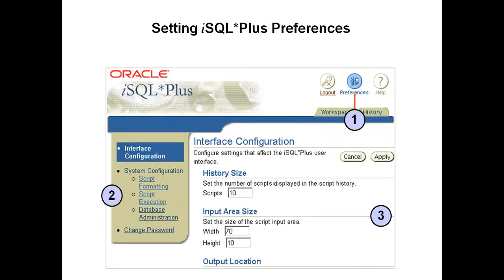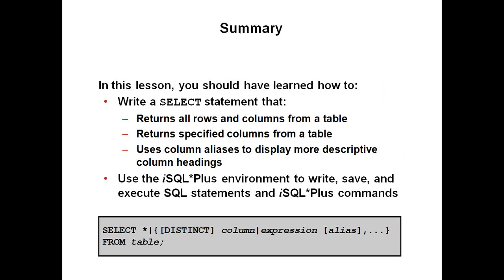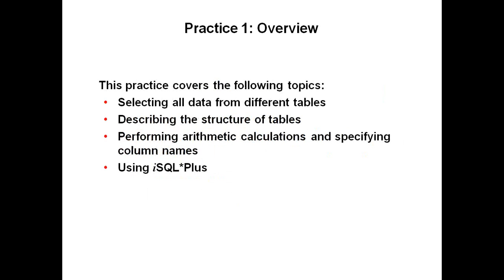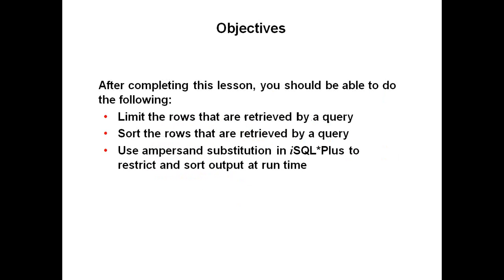These are all preferences which we may not actually work on. And in real time, making use of iSQL*Plus is a very rare case. So we would be going through SQL*Plus only most of the times. That is one thing, so we don't really need to worry about it.